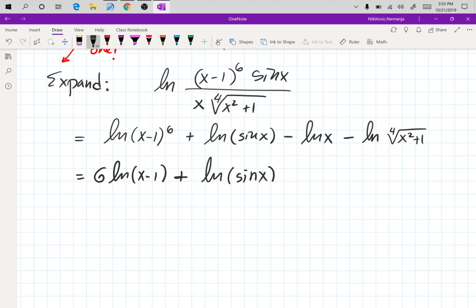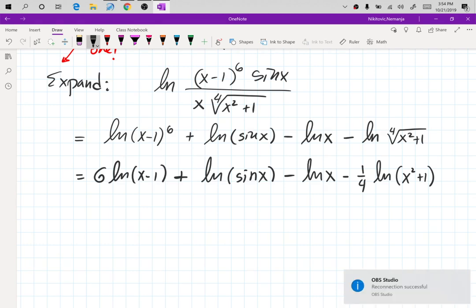So sine x minus ln x and minus 1/4 of ln of x squared plus 1, and we are perfect. Now it would be best if you could do this mentally, to go from the top line all the way to the last line, and if you are able to do that for logs.